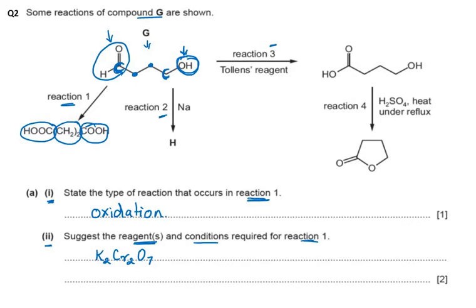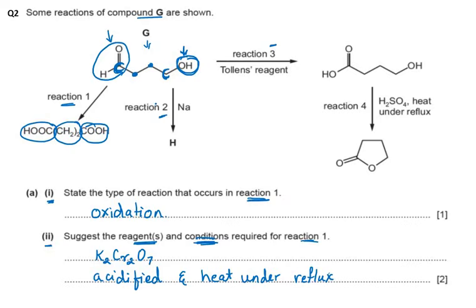Now that's the reagent, but what about the conditions? The condition is that the potassium dichromate should be acidified. So one condition is acidified potassium dichromate, and also heat and reflux, or you can say heat under reflux is the second condition needed.